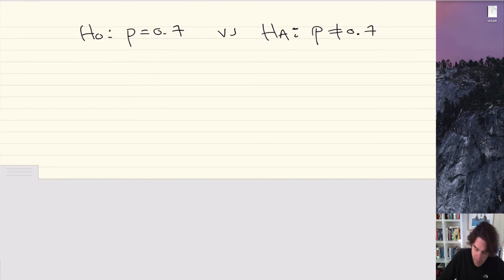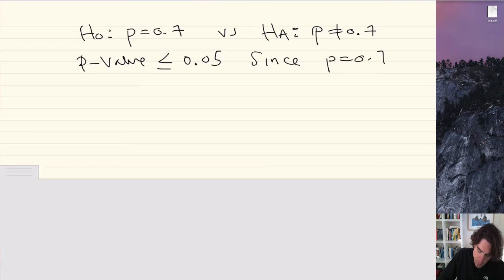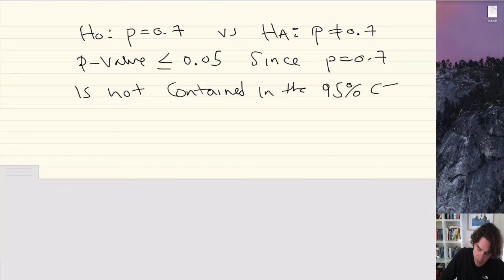Well, it tells us that the p-value is less than or equal to 0.05, since p equal to 0.7 is not contained in the 95% confidence interval.